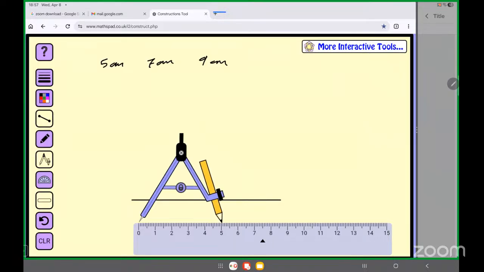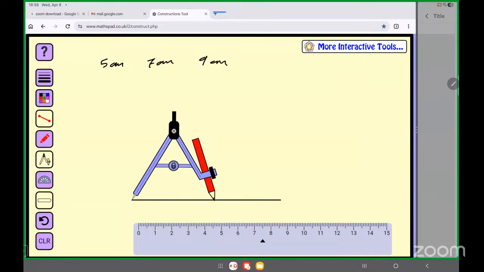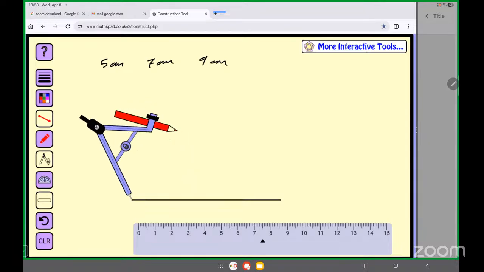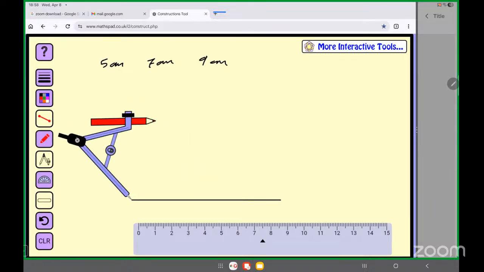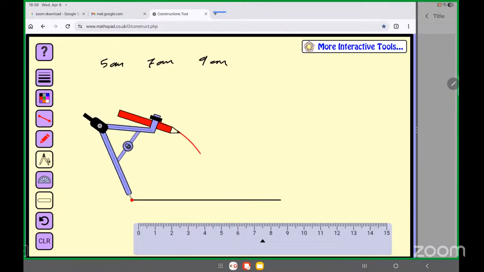Lock it. Let's use the red for that one. Come to the end of this line. We're going to draw an arc that is 5 centimeters from this point. You rotate and make an arc somewhere up here. So everywhere on that red line is 5 centimeters from this end.